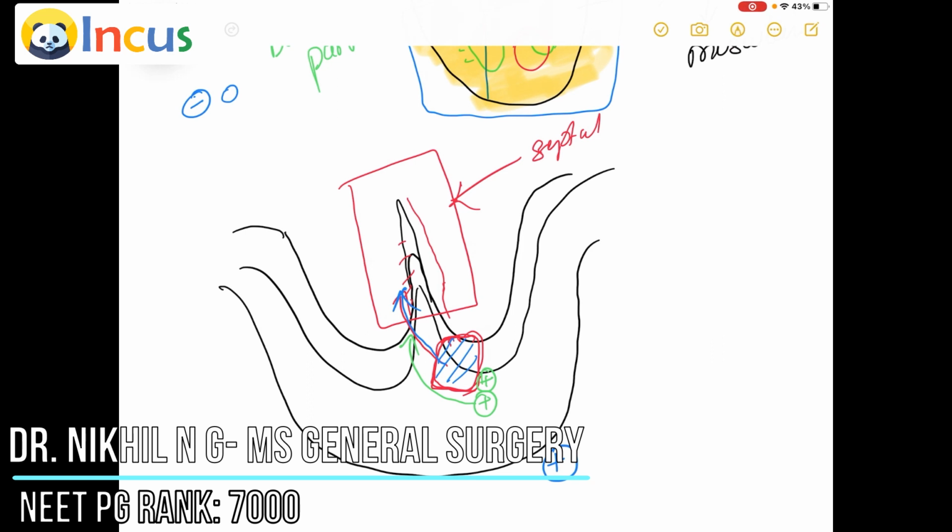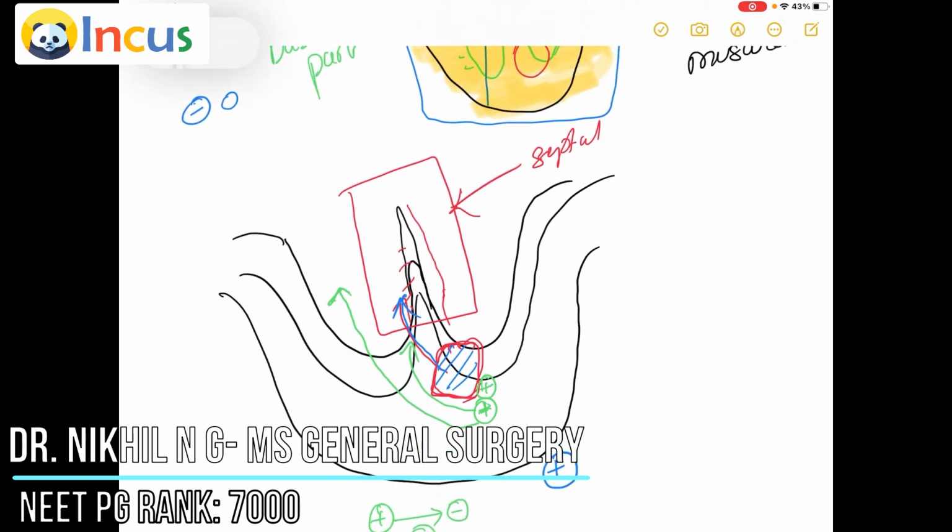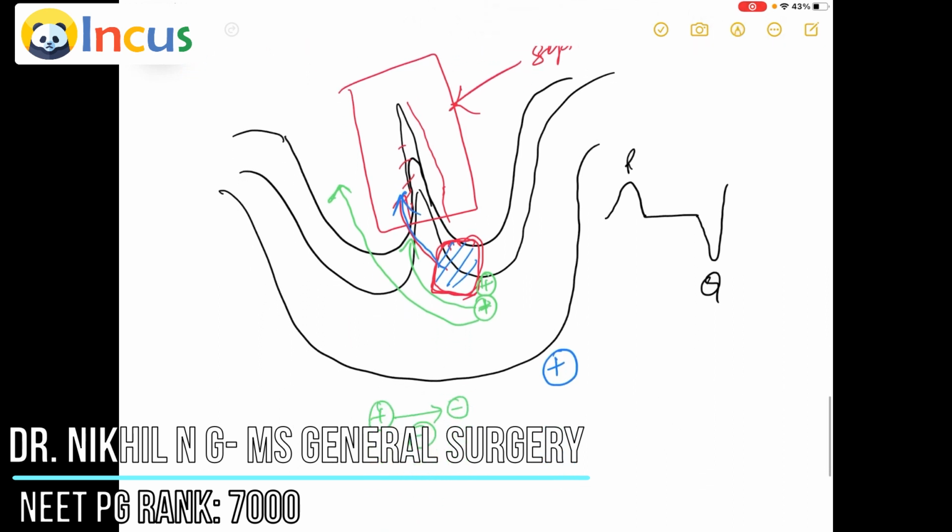So the direction is positive charge moving away from the B terminal towards the A terminal, which is negative. Plus into minus is a minus, so you get a negative deflection on the ECG paper. Initially you got a P wave, then there was the AV node. Now there is septal depolarization which gives a negative wave, which is the Q wave. So the Q wave is nothing but septal depolarization.